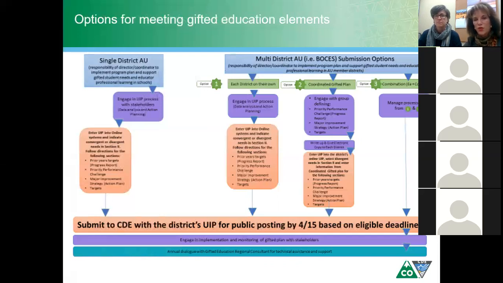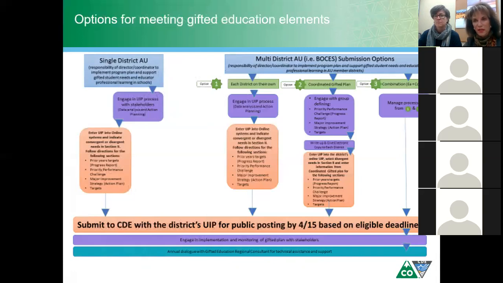Now, there's an option 2 and 3 that exist for multi-district AUs and BOCES. The second option we call a coordinated gifted plan. This is when representatives, typically the directors and coordinators or other UIP people from their member districts, come together.